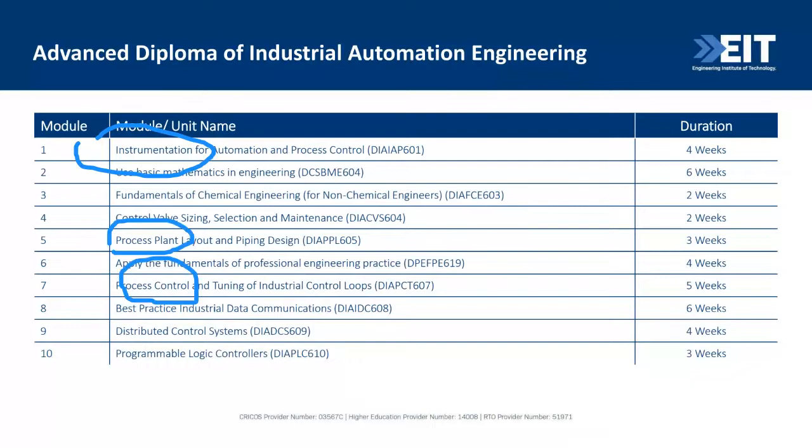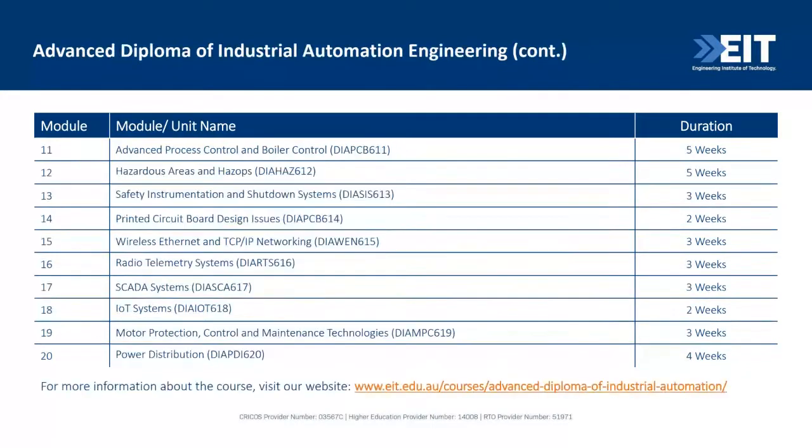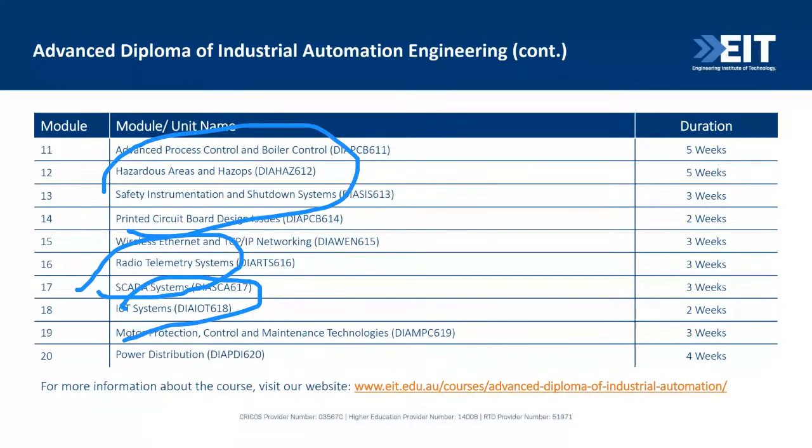We have topics on distributed control systems, PLC, SCADA, and all of them. We have topics on IoT now, which is a new topic. Similar to what Santosh was talking about, we have lots of topics on safety systems like HAZOP, safety instrumentation, and so on. And all these topics we have at an advanced diploma level.